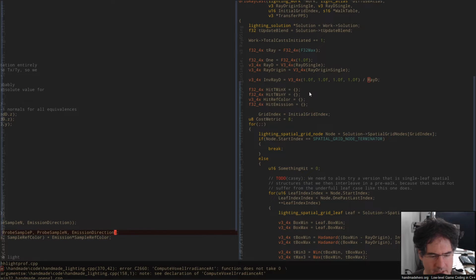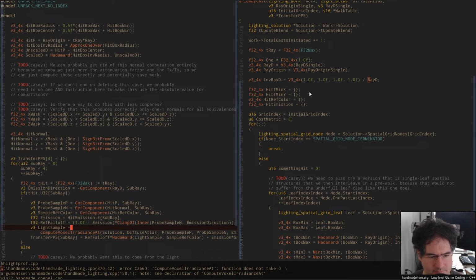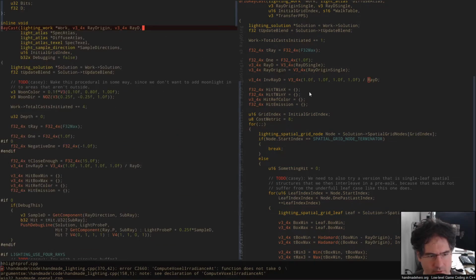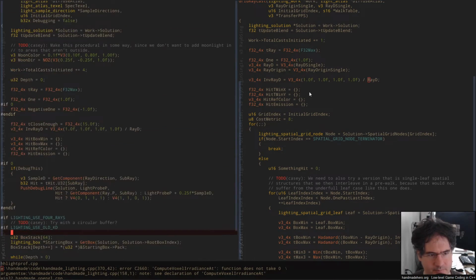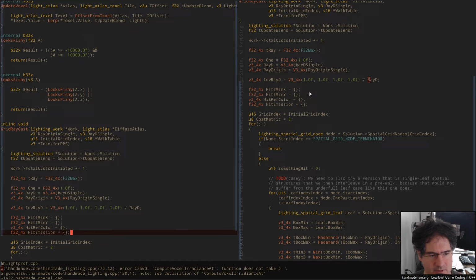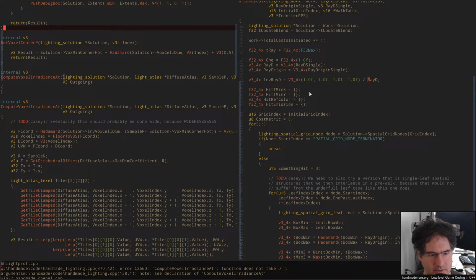So we're passing emission direction. So I feel like since we haven't done the lighting quality pass there, I guess I'm not sure what to make of this.